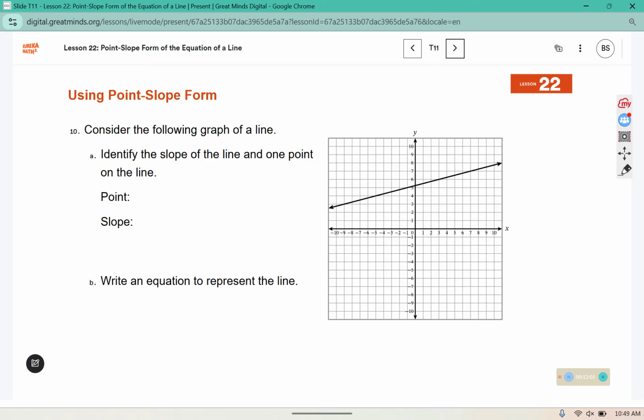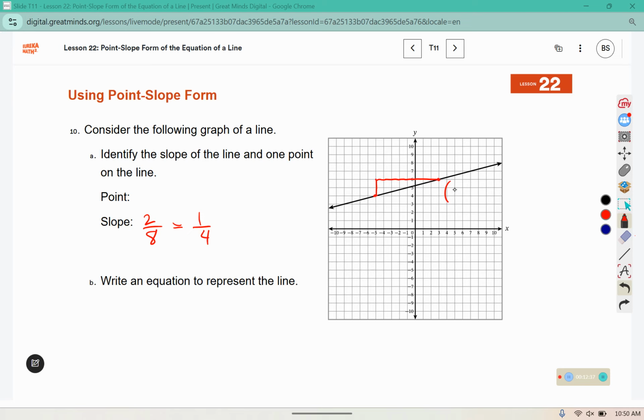Identify the slope of the line and one point on the line. That's a point. Here's another point. So the slope looks like we go up 2, and right 1, 2, 3, 4, 5, 6, 7, 8, which can be reduced to 1/4.